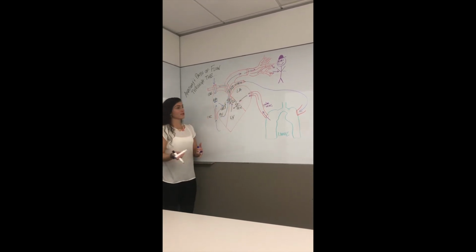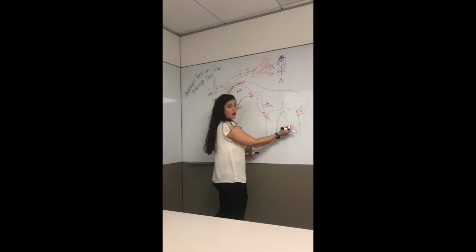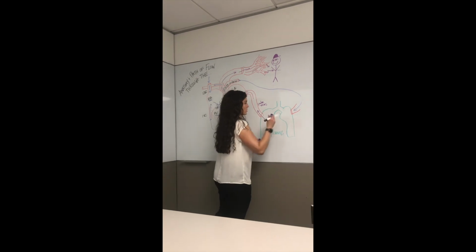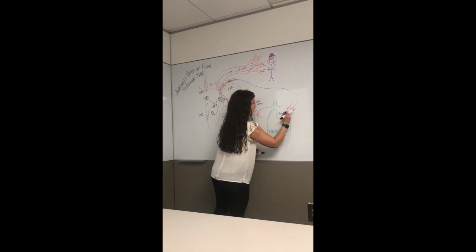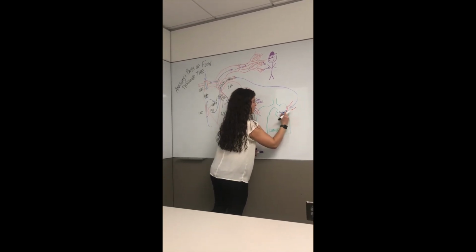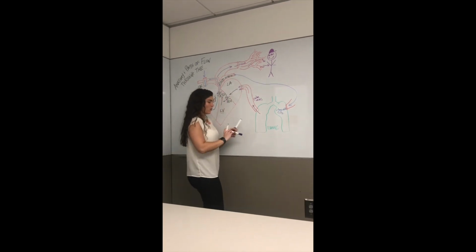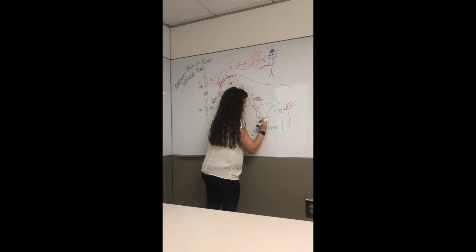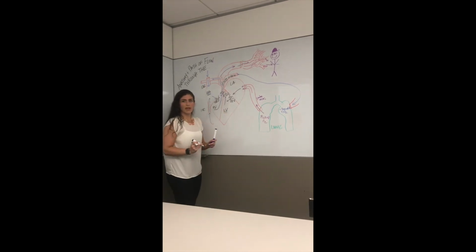The pulmonary arteries are going to lead us to the lungs, where we're now going to oxygenate that blood. We're going to drop off CO2, and we are going to pick up oxygen at the lung.